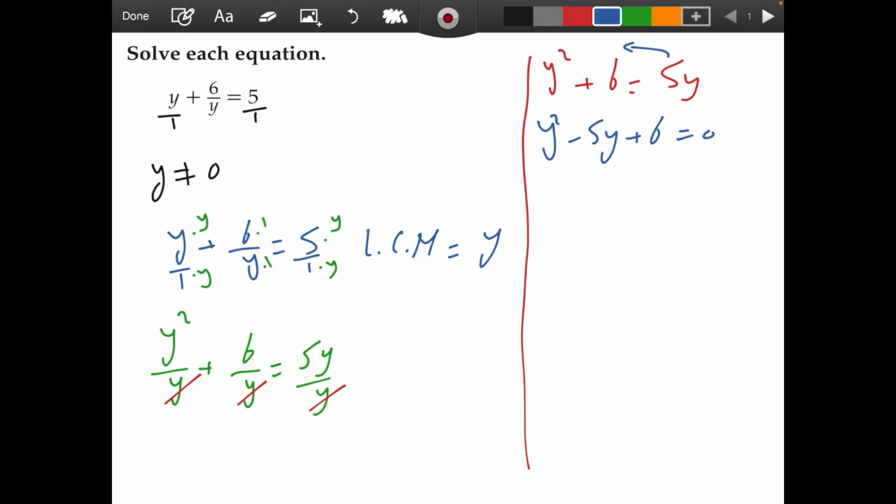A quadratic equation can be solved by the quadratic formula or factoring, or simply by calculator. So let's say by factoring, and the two numbers are -2 and -3. Solving each one, we get y equals 2 and y equals 3.